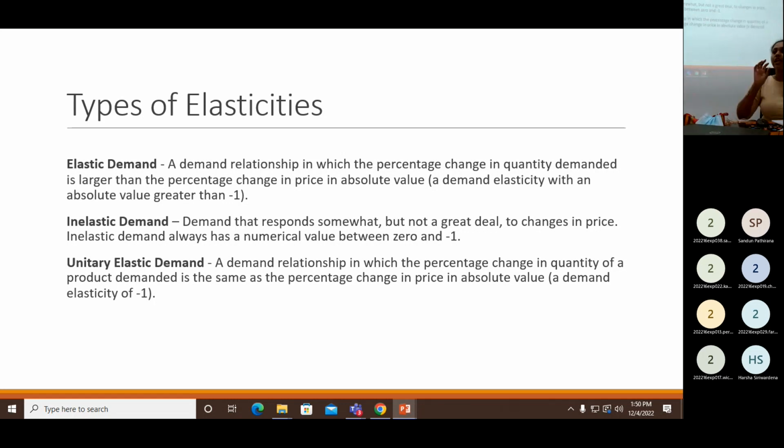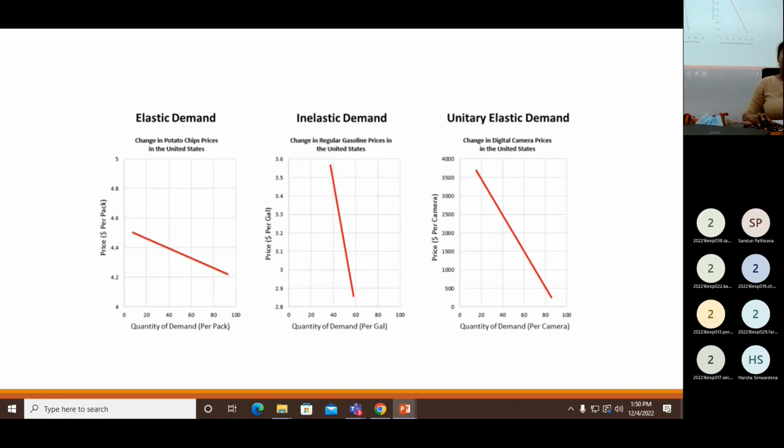The denominator and the numerator are equal. Then the final value you get for the PED calculation will be how much? 1. The PED value will be equal to 1. So that is called unitary elastic demand. Is that clear? So now let's look at the curves.